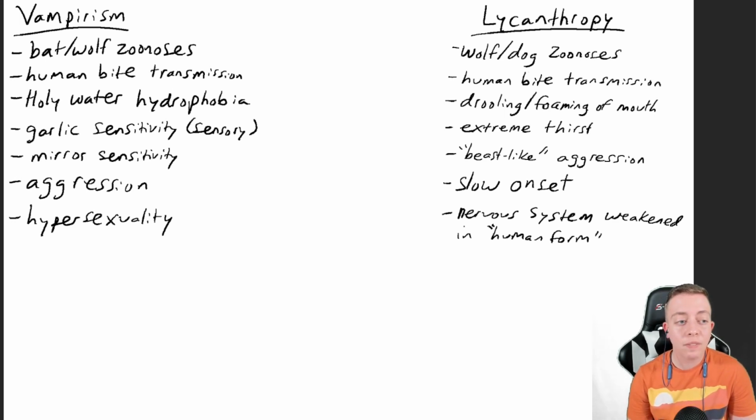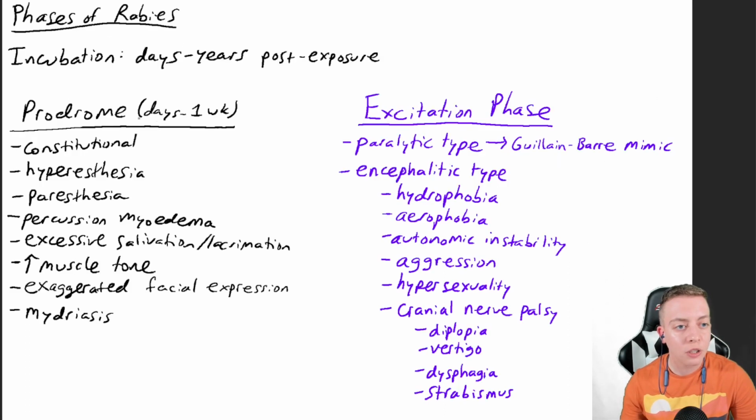We have a very slow onset. In the werewolf myths, you often hear of the werewolves transforming at the full moon, or they're in their human form most of the time, and then they switch over to their werewolf state. And so this might relate to the incredibly slow period of incubation, as we saw before, of days to years post-exposure.